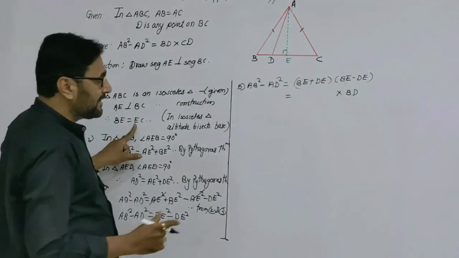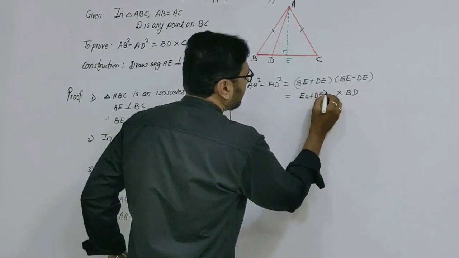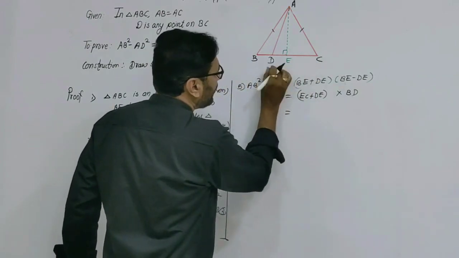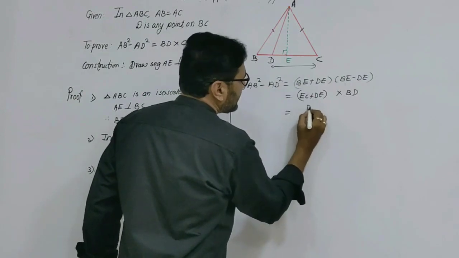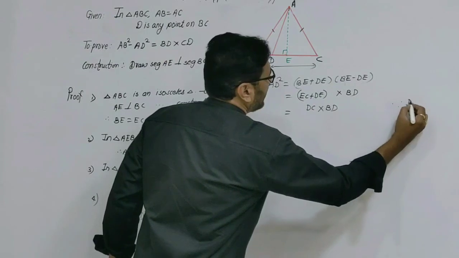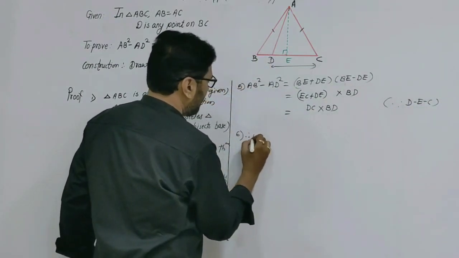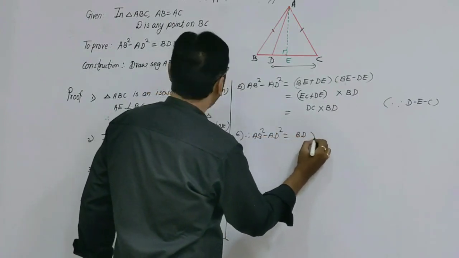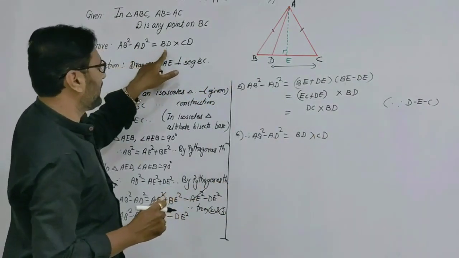So EC plus DE, BE minus DE, you know, BD. Now tell me, EC plus DE is what? DC, right? So DC into BD. Therefore AB square minus AD square equal to BD into DC, or CD you can write. AB square minus AD square is equal to BD into CD.